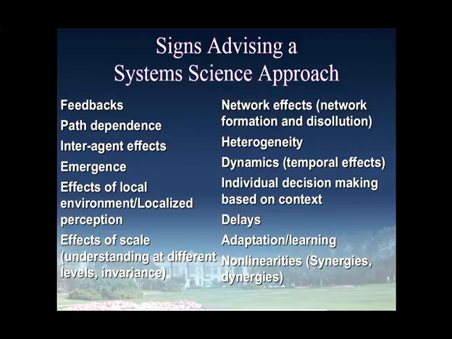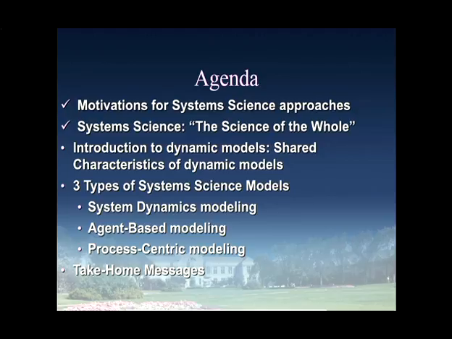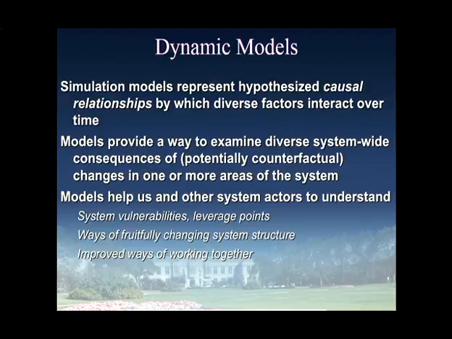I'm going to be coming back to this later in the day, and many of these are things I've just mentioned. The presence of emergence, these high-level patterns which can't be reduced to low-level features, feedback, path dependence, very different effects at different scales. The presence of long delays, for example, or adaptation on the part of the system. Think emergence of drug resistance, for example.